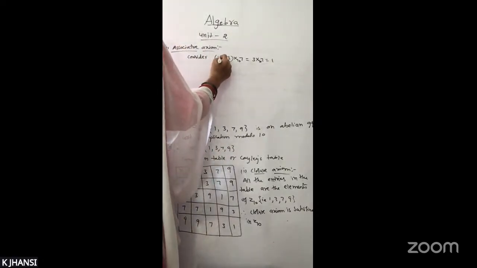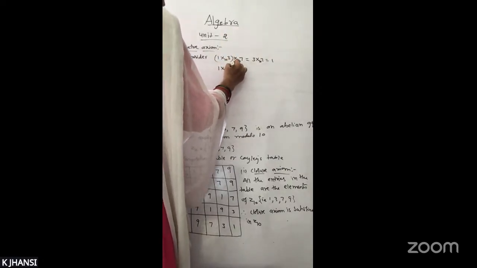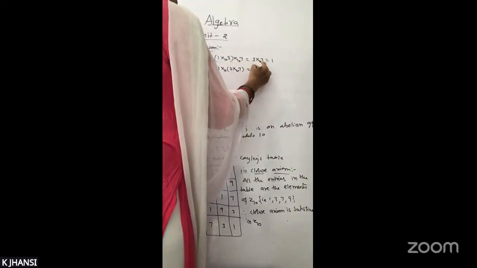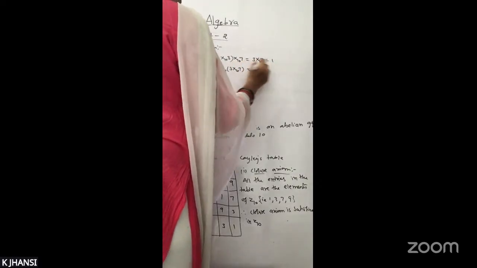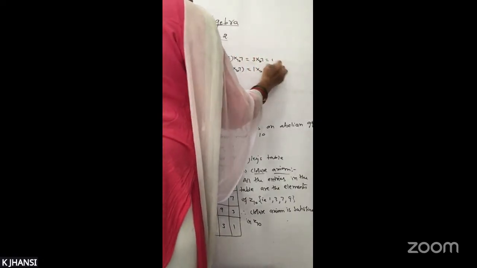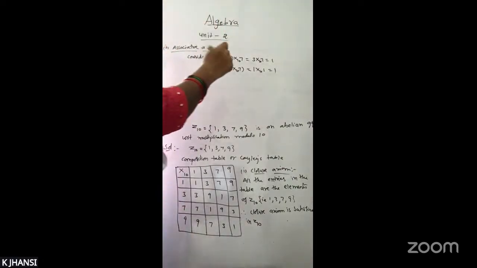Next, A cross (B cross C). 3 sevens are 21, and 1 into 21 means you will get the remainder 1. So this is equal to 1. Therefore these two are equal.